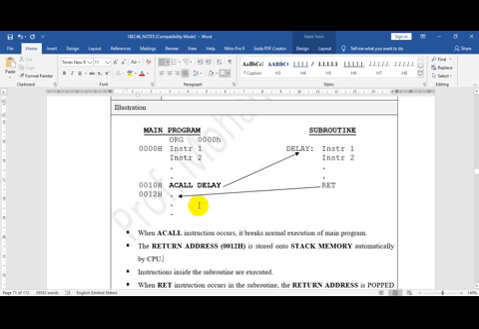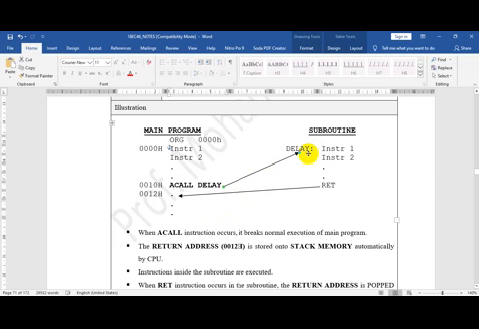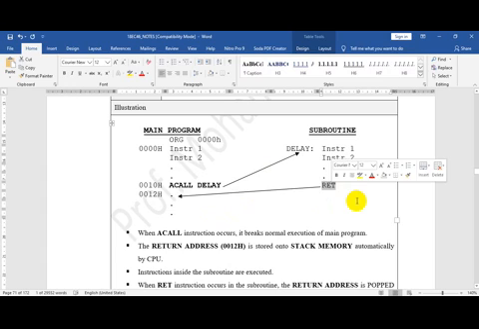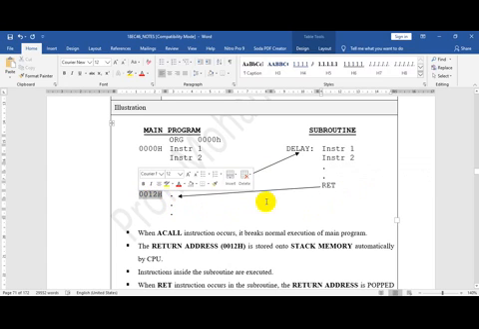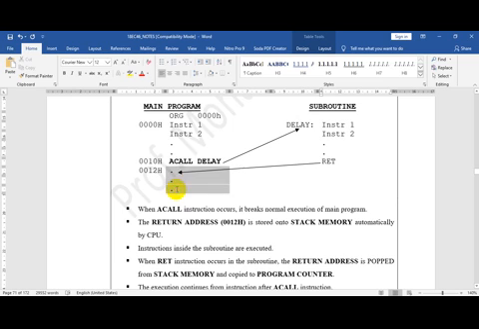By executing two push operations internally. After saving, it branches to the subroutine and executes the subroutine. Then when a return instruction occurs, it retrieves back the return address which was stored onto the stack, and it comes back and continues the execution from where it had left.